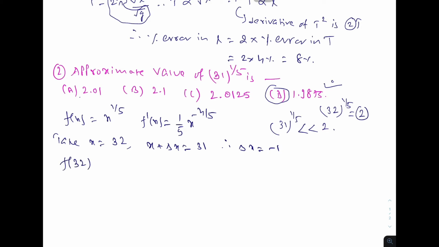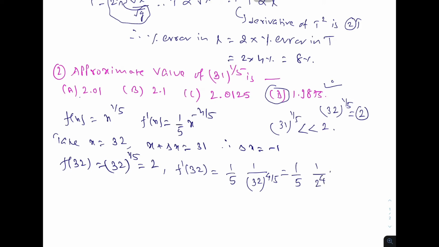Now what is f of 32? f of 32 is 32 power 1 by 5, and that is 2. What is f dash 32? f dash 32 is 1 by 5, 1 upon 32 power 4 by 5, so that is 1 by 5, 1 over 2 power 4, so this is 1 over 80, 16 into 5.